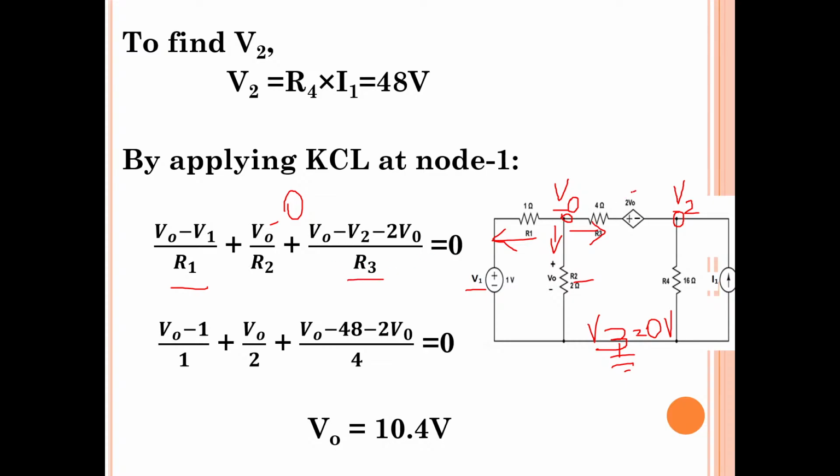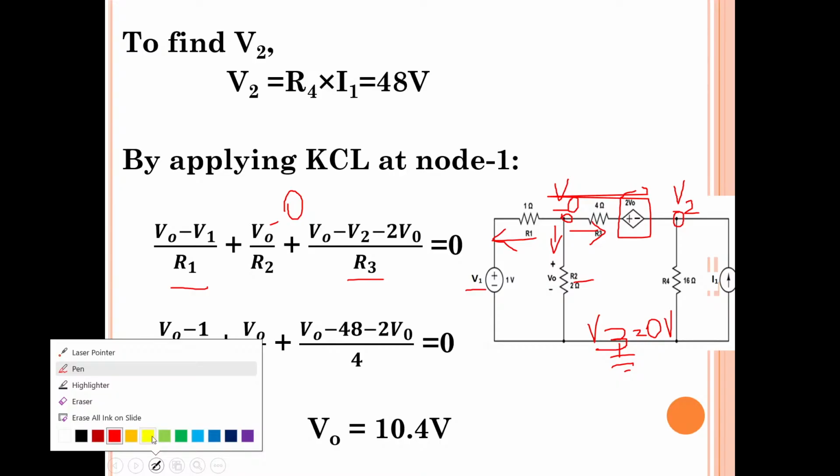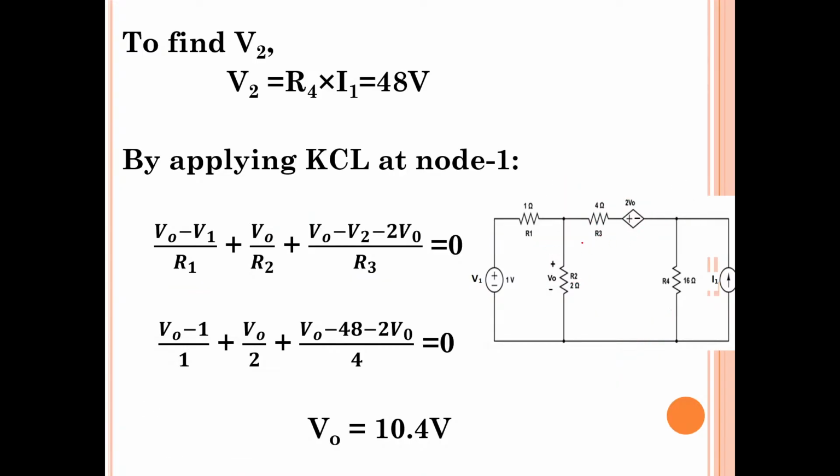But in between there is one more element, that is 2V0. The current through this branch is in this direction, and all currents are leaving. So V0 minus V2 divided by R3 is what you should write.